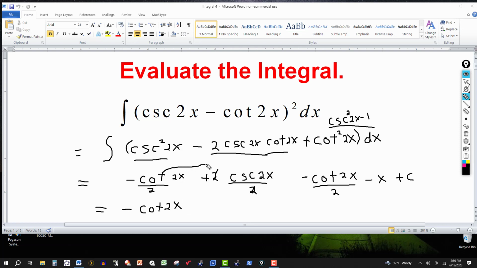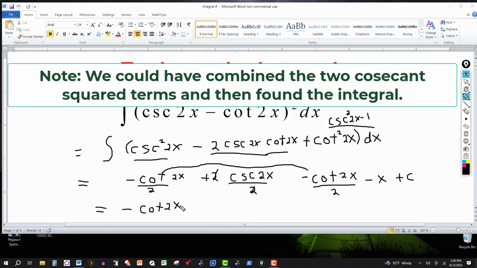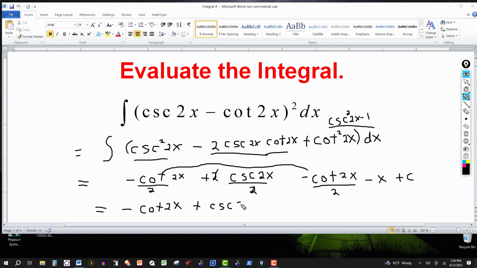Okay, so we're combining those two. And then this I've reduced down. This gives me then plus cosecant of 2x. And we have the minus x. And then it's plus the constant of integration. So this is your final answer then. Minus cotangent of 2x plus cosecant of 2x minus x plus the constant of integration.